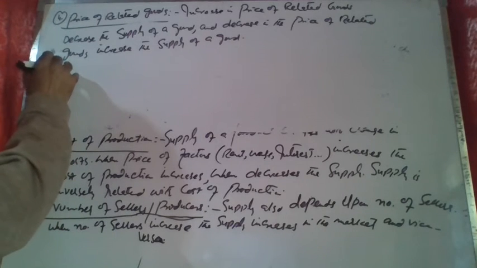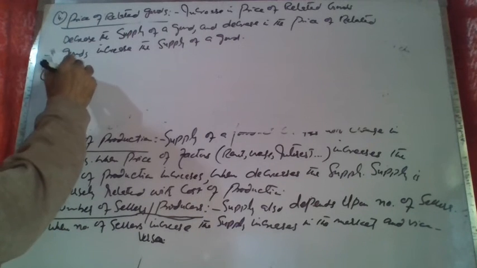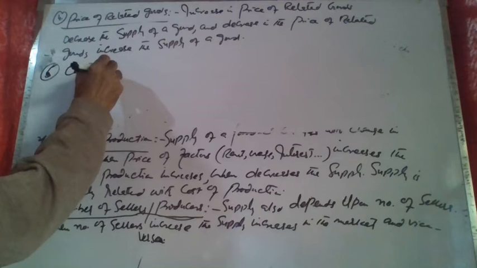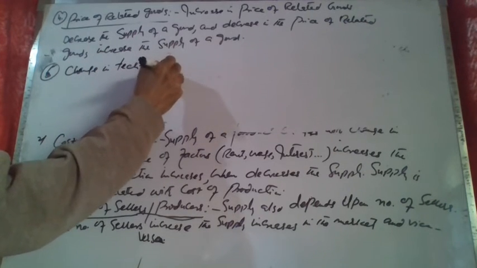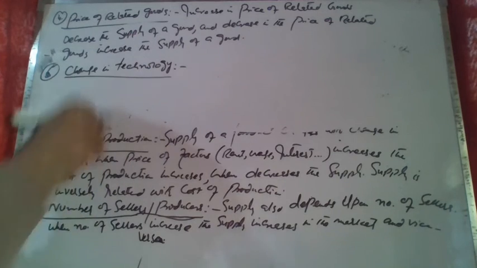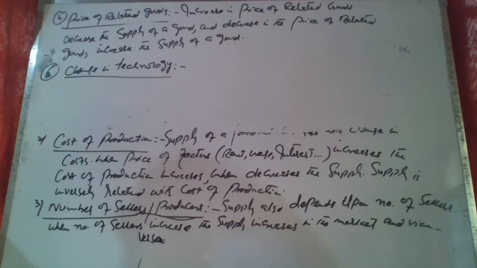Number 5 is technology, or change in technology. This is a very important factor. Technological change or technological improvement always reduces the cost of production. When new technologies come in the market, they reduce the cost of production.